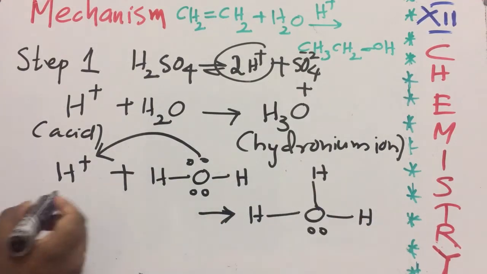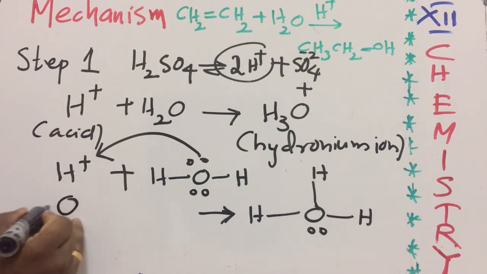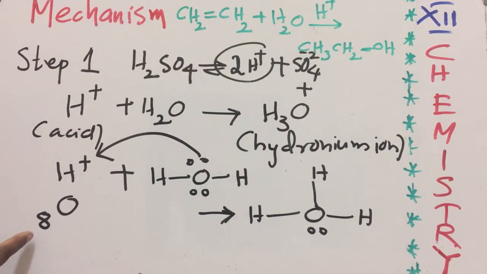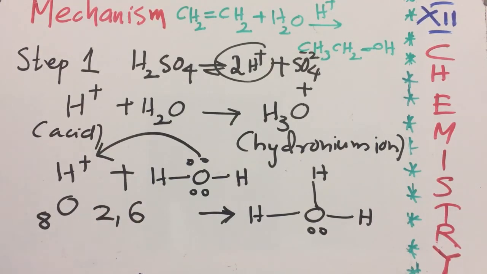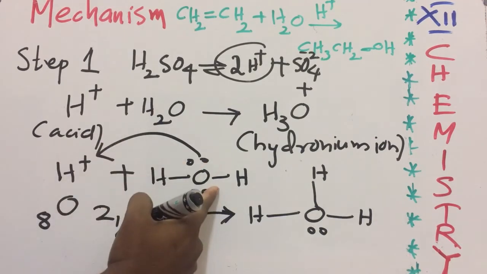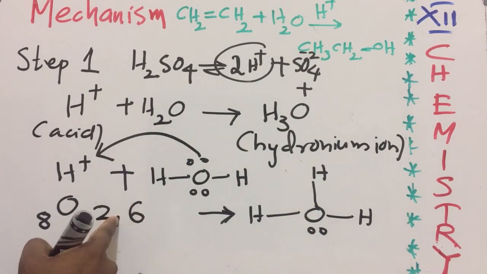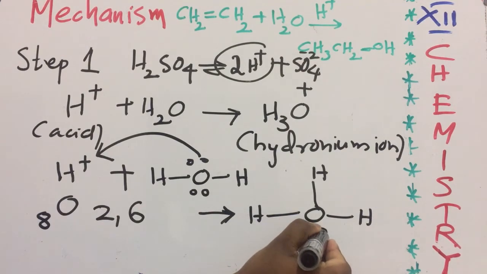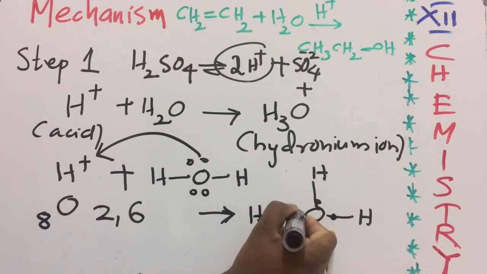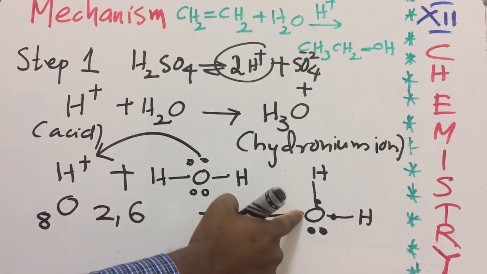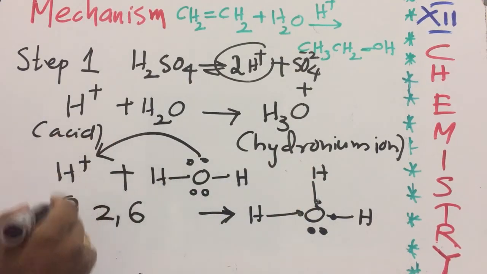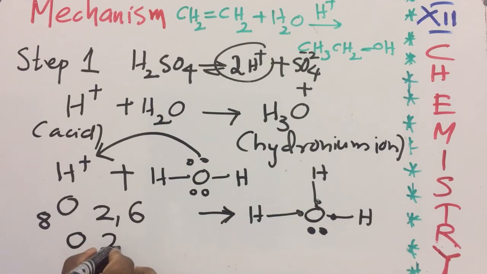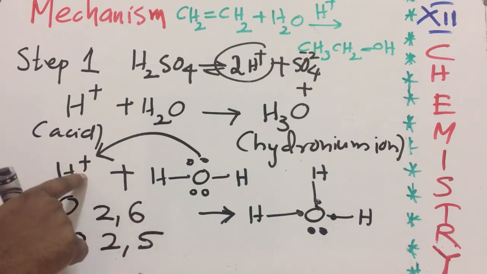Then we know that the atomic number of oxygen is 8. 8 means 8 protons and 8 electrons, 2, 6, 8 electrons. But after addition of H plus, what happened to the number of electrons? See here, 1, 2, 3, 4, 5. Only 5 electrons surround oxygen. 1 electron is given to hydrogen. So after addition of H plus, the electronic configuration becomes 2, 5 because 1 electron is given to H plus.